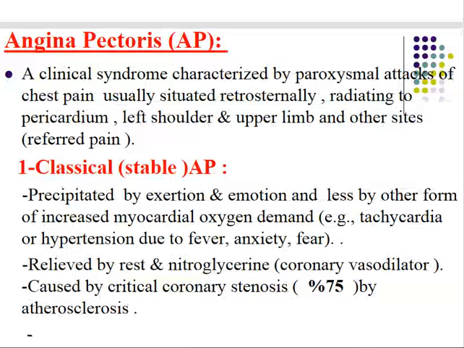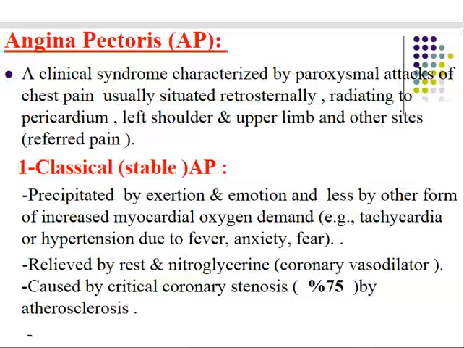The first is what we call the classical or stable type of angina pectoris. This type is precipitated by exertion and emotion, and less by other forms of increased myocardial oxygen demand, like tachycardia or hypertension, due to fever, anxiety, and fear.